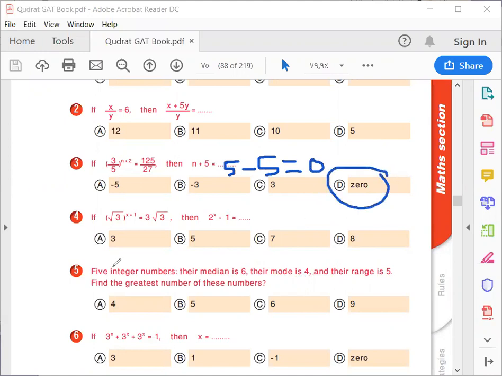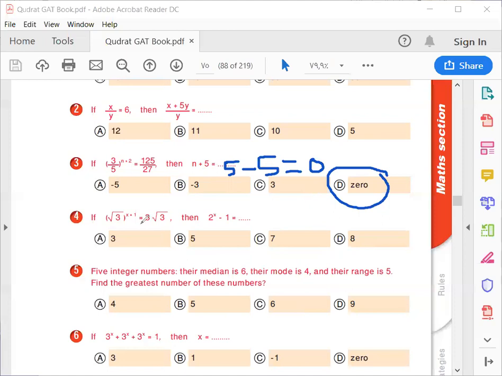Right, good. Number 4. If (square root of 3) to the power x plus 1 equals 3 square root of 3, then what is the answer here? Now also I want the same base on each side.